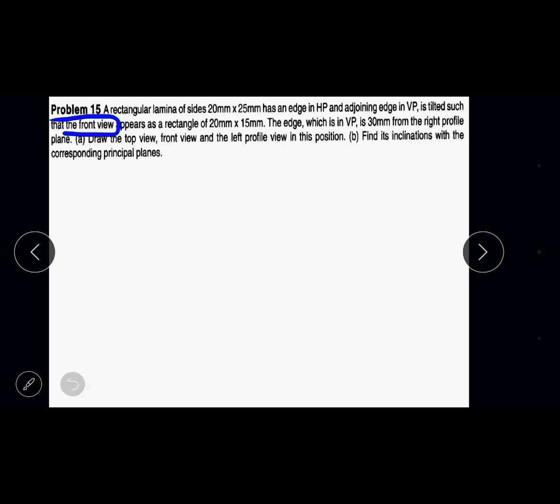Now there are two types of rectangle given, 20 into 25 and 20 into 15. To which rectangle is the problem associated? The problem is on 20 into 25 because the word lamina is associated with 20 into 25.